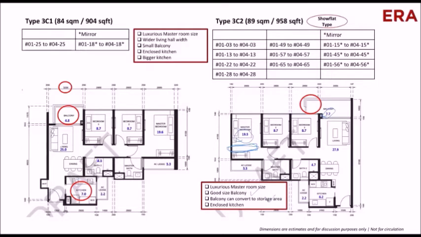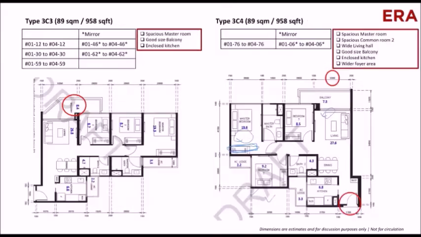Majority of the cheaper units are the 958 square feet on the floor plans you see here. Let me pull out the ERA Pro again. Yes, majority of the 3-bedroom compact is all 958 square feet, and you can see that this floor plan is totally efficient.